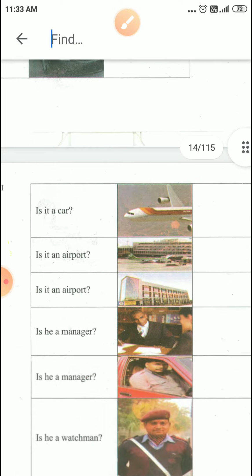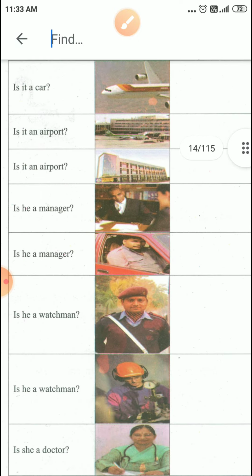Yes. Is it a car? La. No. Is it an airport? Naam. Yes. Is it an airport? La. No. Is he a manager? Naam. Yes. Is he a manager? No. La.